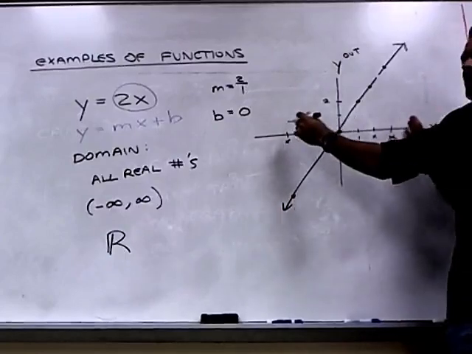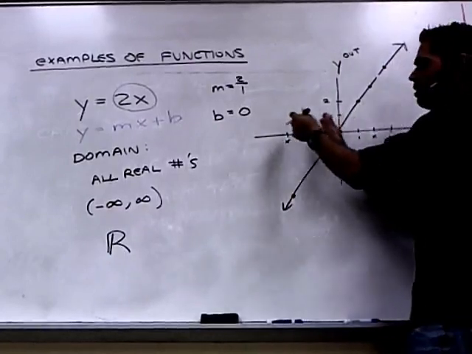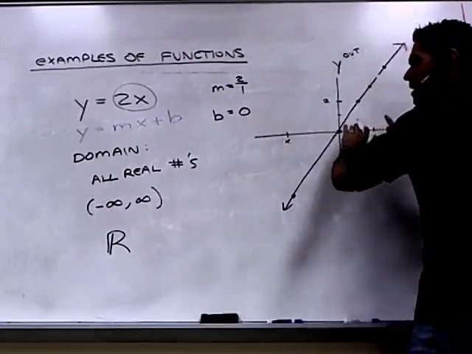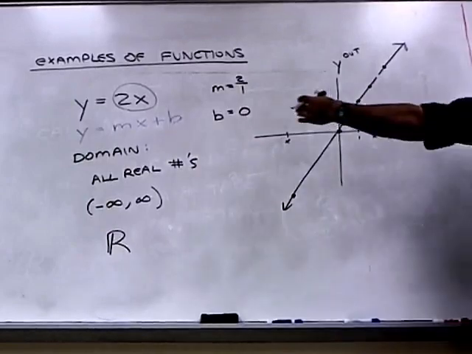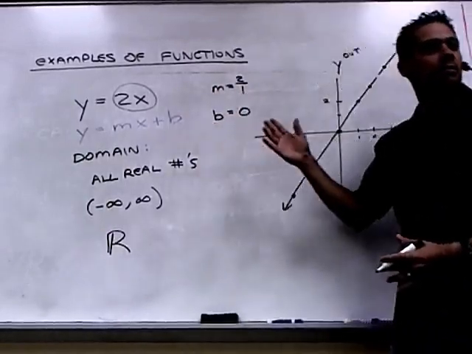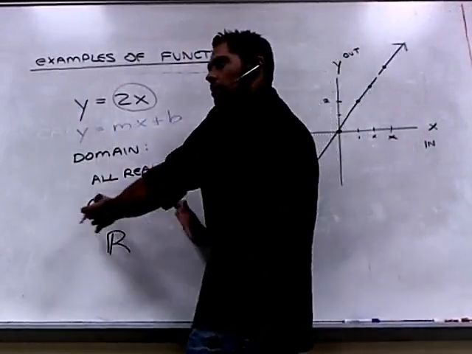You see, for every x, I look up, do I see anything? Do I hit the graph somewhere? Yes. If I look over here and look down, do I hit it? If I keep going, if I'm way out here, sorry I'm off camera, but if I'm way out here and I pick an x, right? Do I have graph somewhere? It's way up there, right? But I hit something up there. So for every x, there's something on the graph. Therefore, every x is in the domain. That means all real numbers.